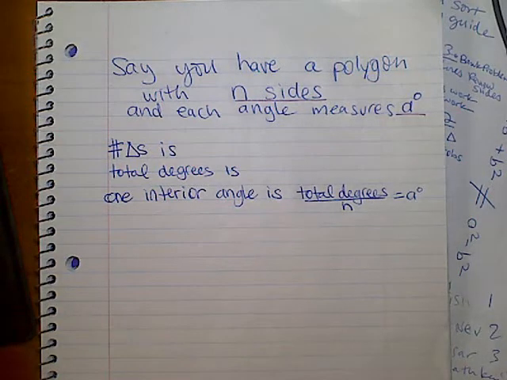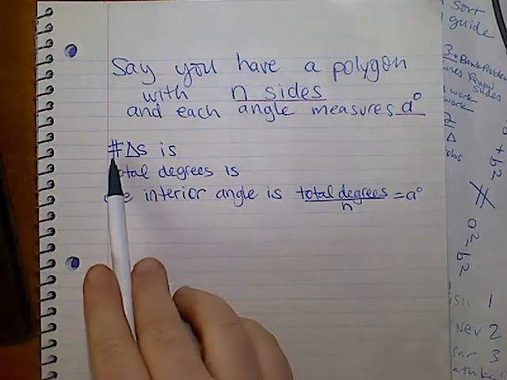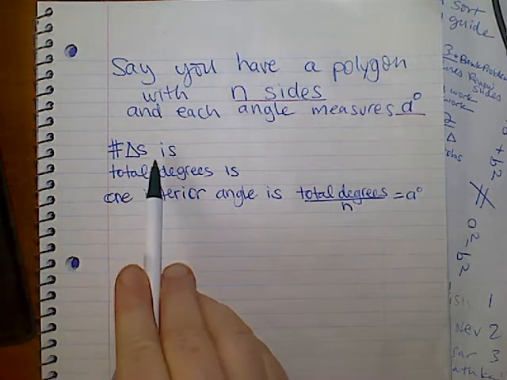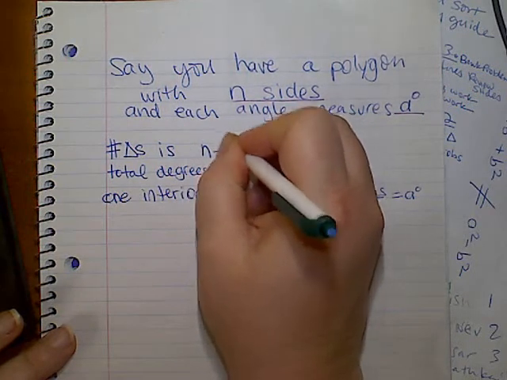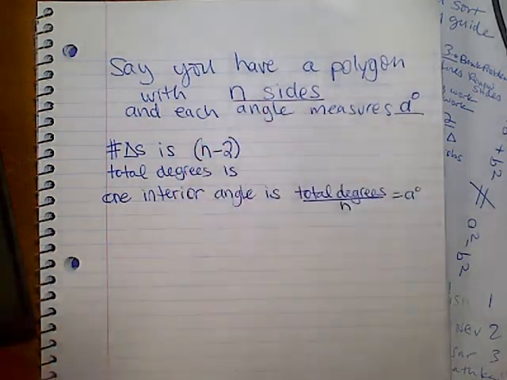Alright, so say you have a polygon with n sides, and each interior angle measures a degrees. So we would need to divide this polygon into triangles. The number of triangles in the polygon is going to be the number of sides minus 2.